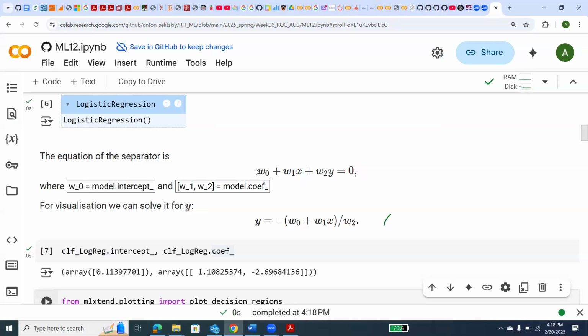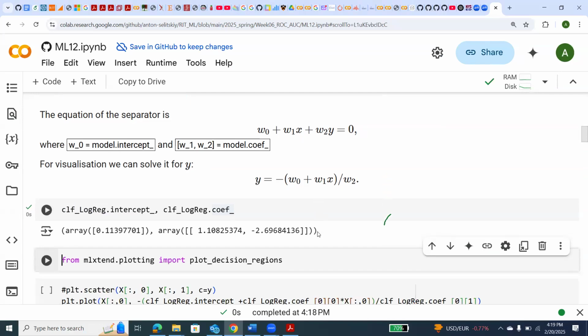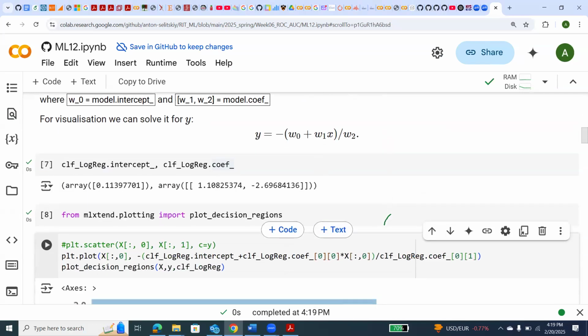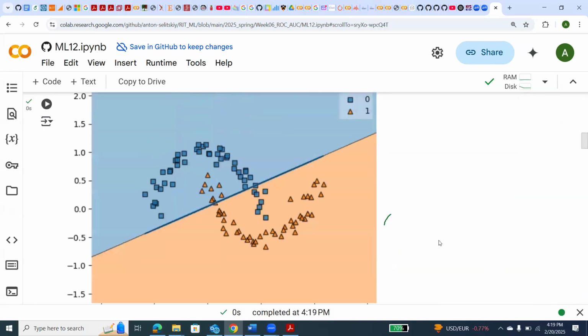So it will be y equals negative w0 plus w1x over w2. So in my code below, I just implement this formula: intercept is w0, plus w1 times x1, and divide by w2. So this is how I plot this blue line.